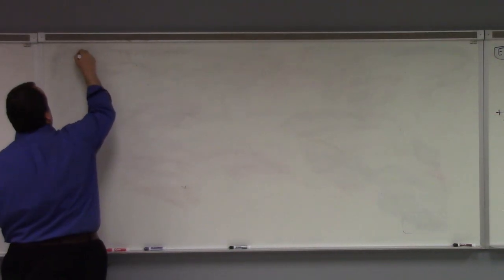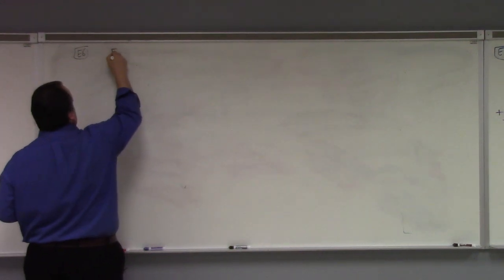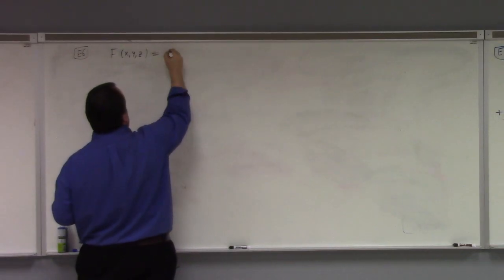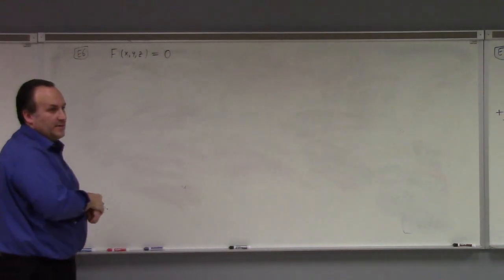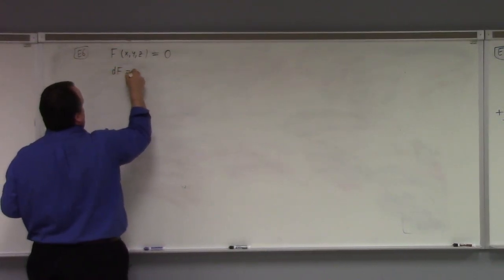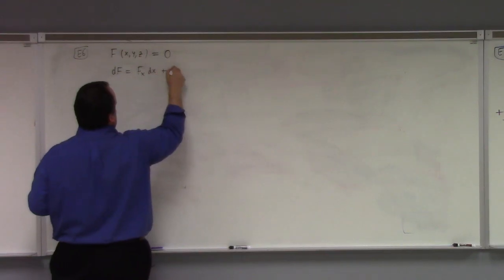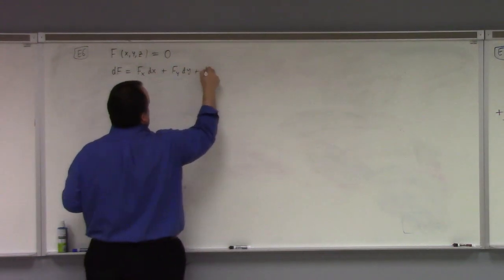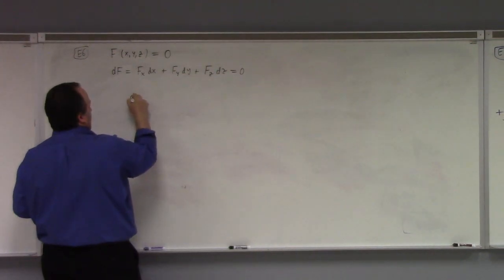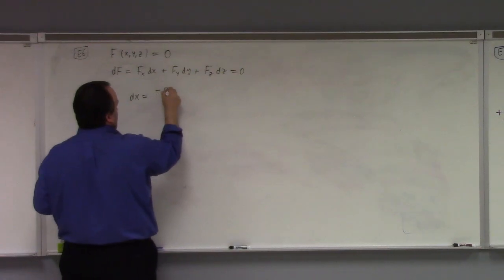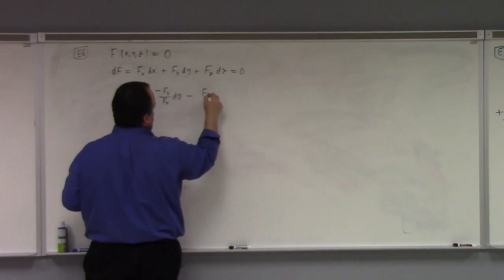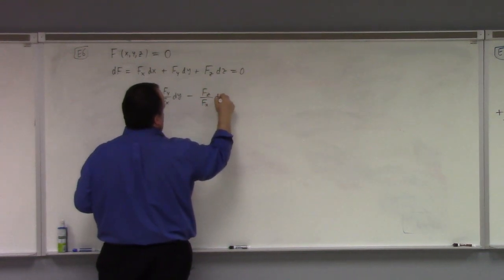So example 6, if we're looking at f of x, y, z equal to 0, let's say, then my df is f sub x dx plus f sub y dy plus f sub z dz equals 0. And from this, I get dx is minus fy over fx dy minus fz over fx dz.